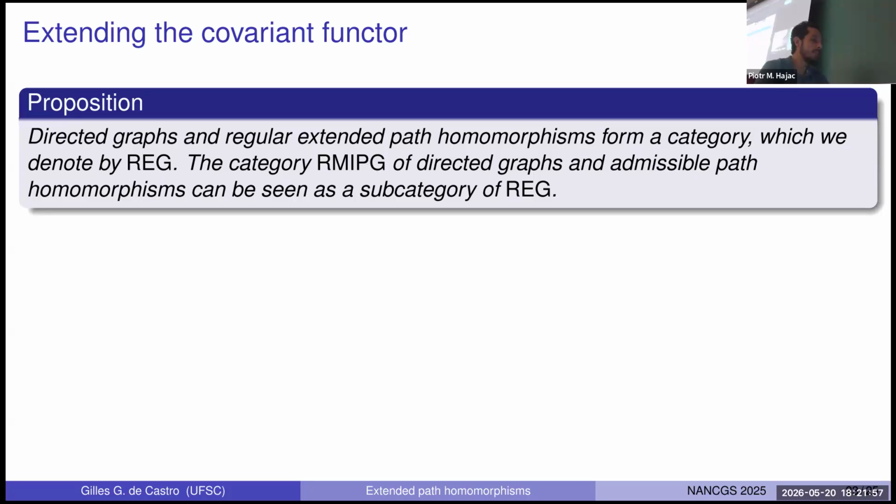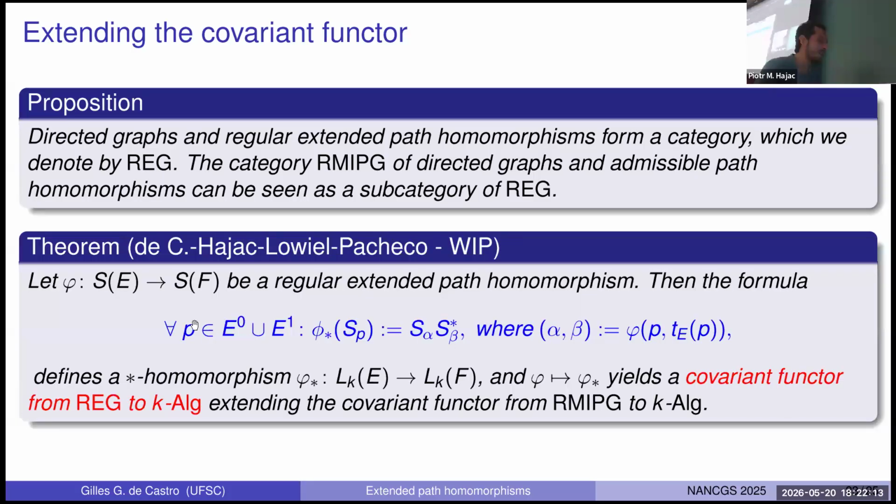And so this is still work in progress, but we have already proved this theorem, so that's why we can stay here. But the paper itself is hopefully going to be ready this year. And the idea is that if you have this extended path homomorphism, so a regular one, whenever you have an element which is either an edge or a vertex, we want the image of this p using the inverse semigroup homomorphism.